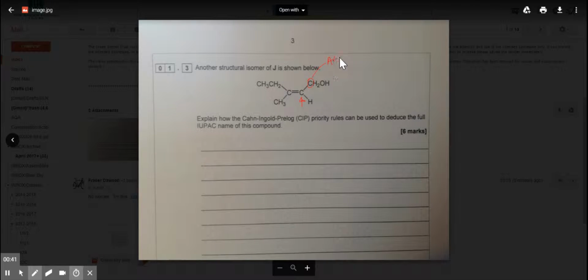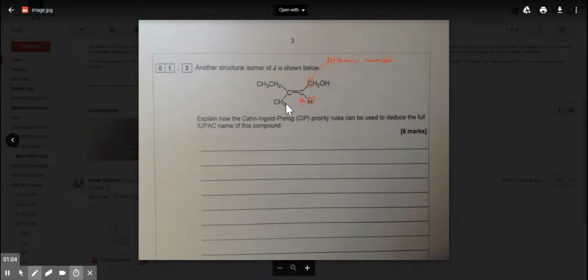There's a mark for atomic number, not mass number, or relative atomic mass. You compare the atomic number of that carbon to this hydrogen, and you see that carbon is greater than hydrogen, so the largest group is on top of the double bond, drawn above the double bond.